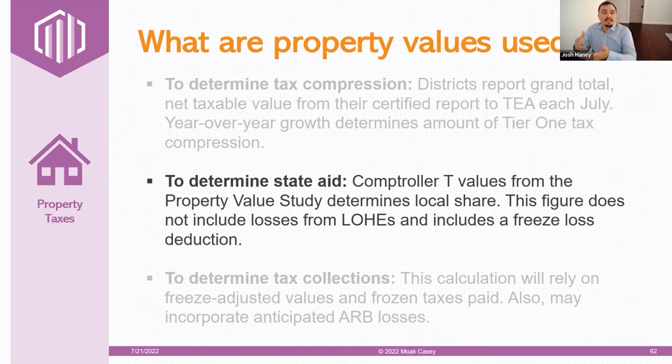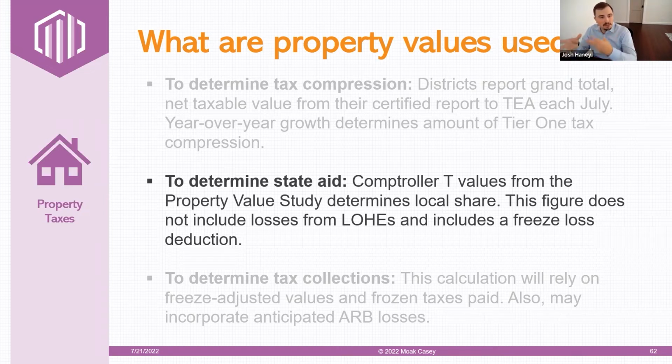You don't always get a T value that's based on your local CAD data, right? Again, if it falls outside of that range of reasonableness that the controller sets, and you go through that grace period process and all that, you may get a T value that's based on sort of state estimates of property values in your district, okay? So just keep that in mind, that school districts can't really predict if they're going to get state values assigned.